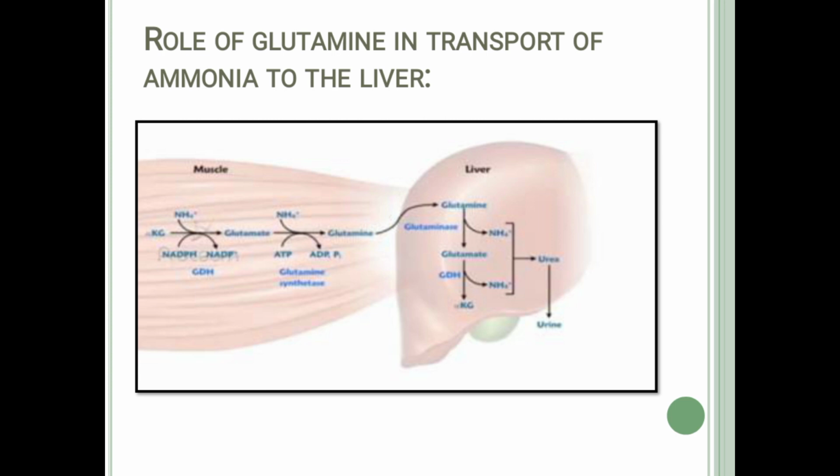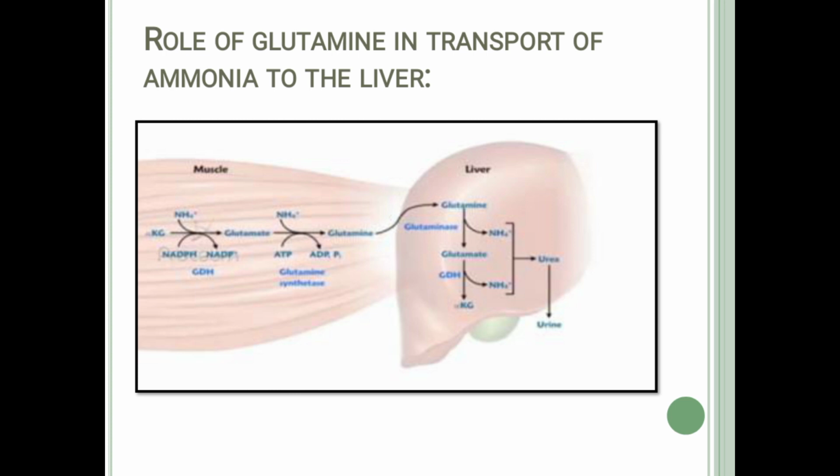In the muscles and peripheral tissues, whenever there are higher levels of ammonium ion, the ammonium ion will be fixed with alpha ketoglutarate to make glutamate. So alpha ketoglutarate accepts an ammonium ion and is converted to glutamate, and that is done by the enzyme glutamate dehydrogenase, which uses NADPH.